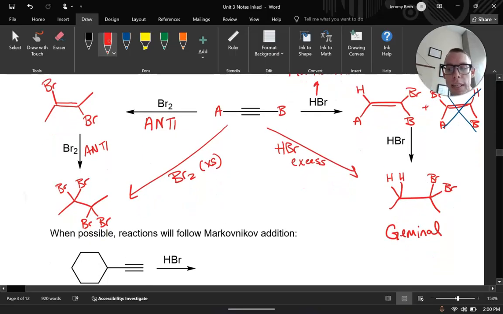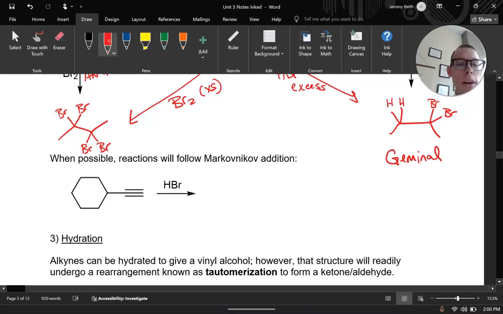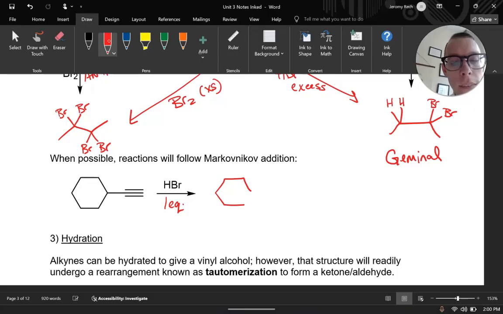So to give a specific example there, if we look at this, we have a cyclohexane that has a single and a triple off of it. If we use, let's just say one equivalent, that's this one EQ, here we would do just a single addition down to a double bond, and our bromine is going to go on our inside, and then our H is going to go on our outside because there are more H's, because you'll have an H here and an H here.